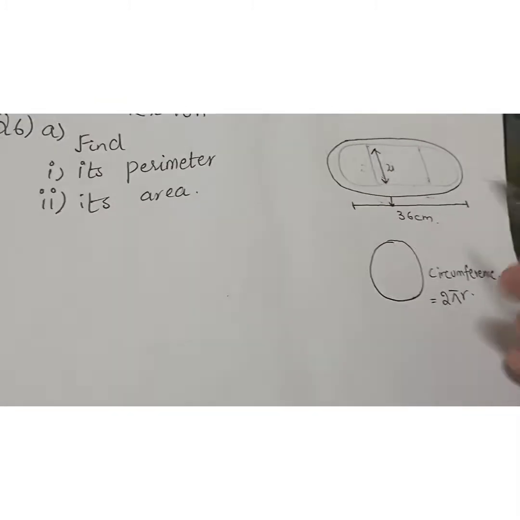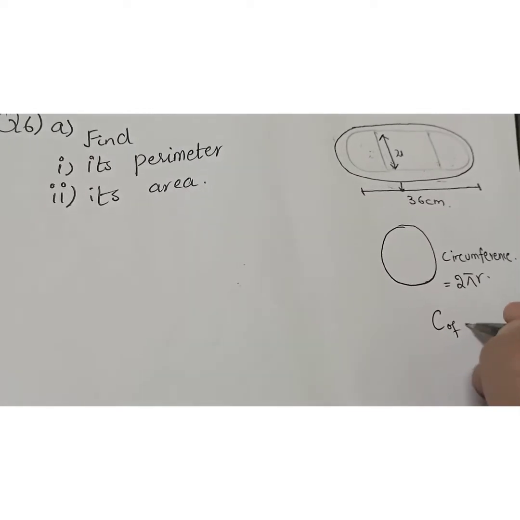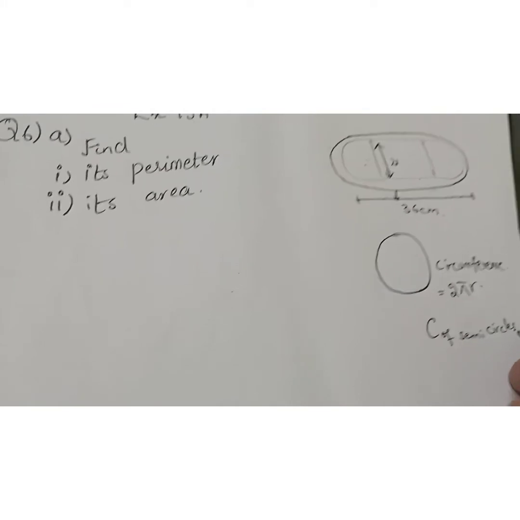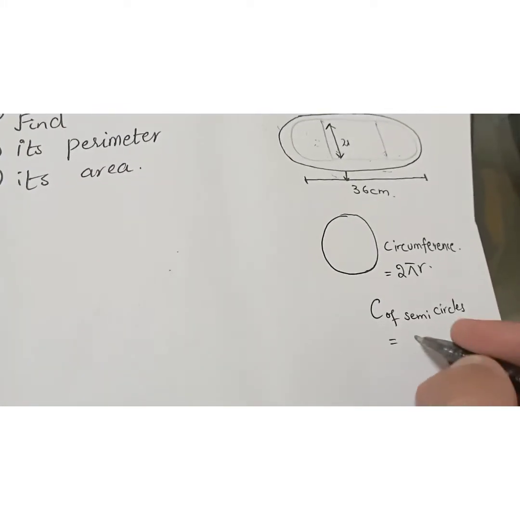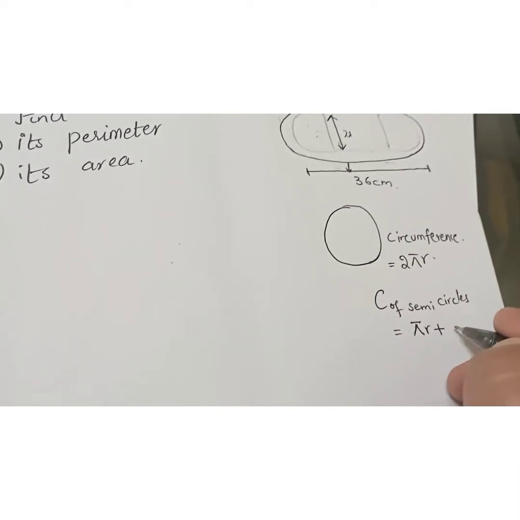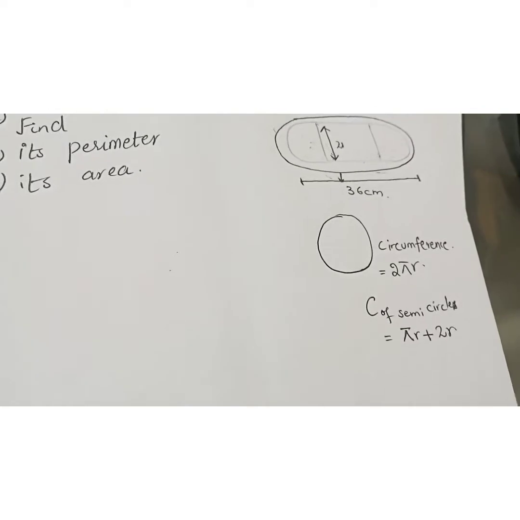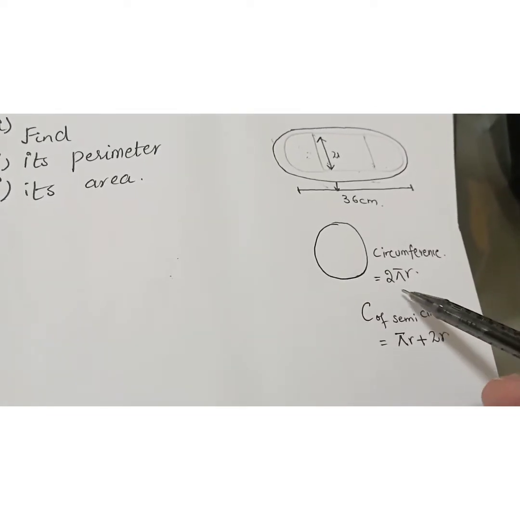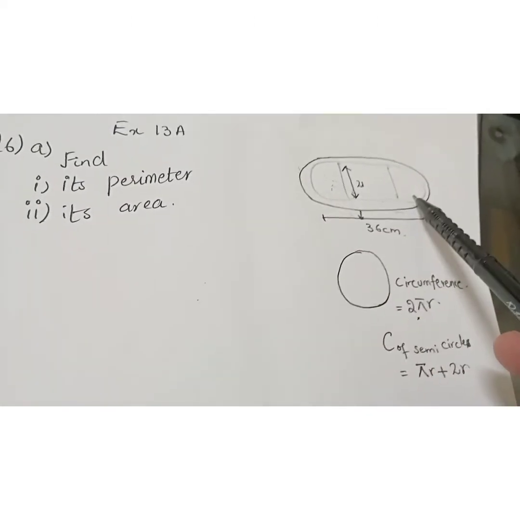The circumference of a semicircle is pi r plus 2r. So this is the circumference of a semicircle, and the circumference of a full circle is 2 pi r. We know that there are two semicircles.